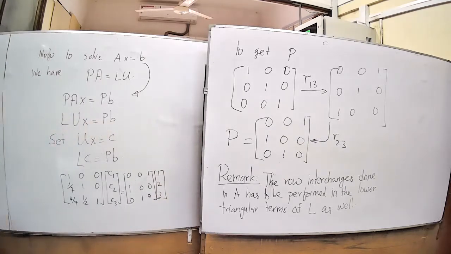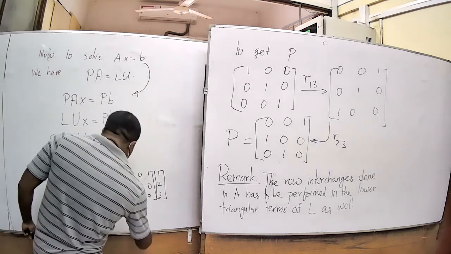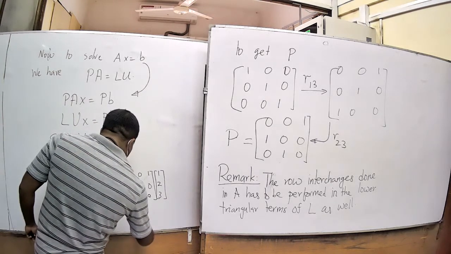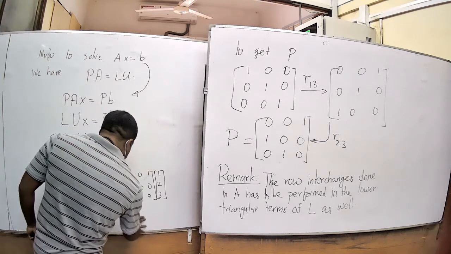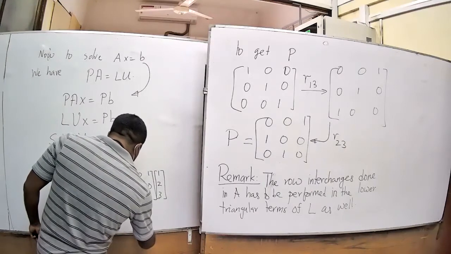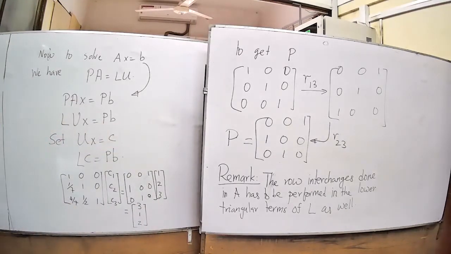So this is your system, and you can solve this. If you multiply P with b, you get 3 1 2.